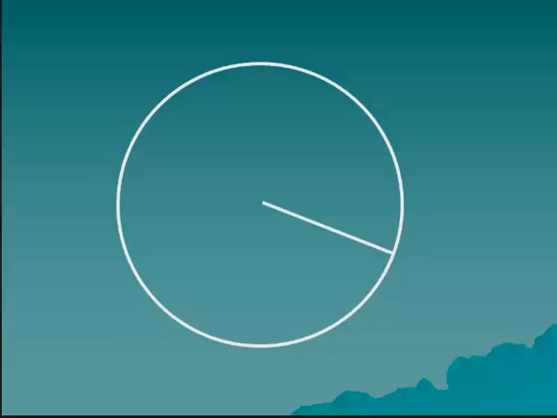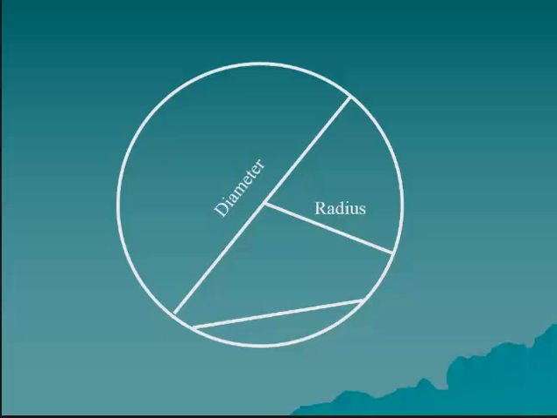Here's a circle. Remember our parts. This would be your radius. What would this be called? Diameter. What is this called? Chord. If it goes through the circle at 2 points, notice there's 2 points of intersection here. It goes actually through the circle. That is called a secant.